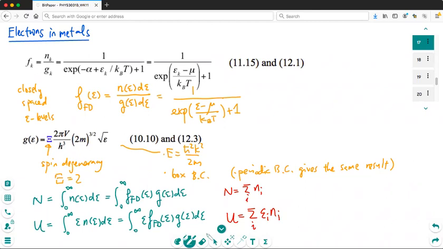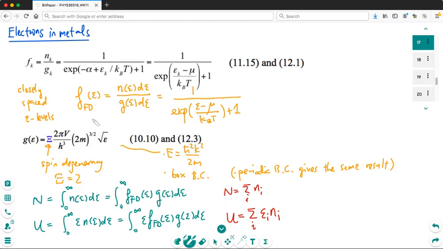So here, let me quickly say that this function has a very nice interpretation. You can interpret this as the probability that a given state of energy epsilon is occupied. So let me say this again.